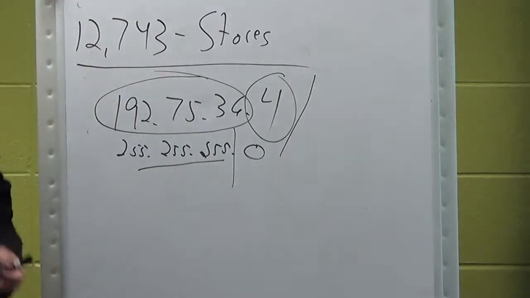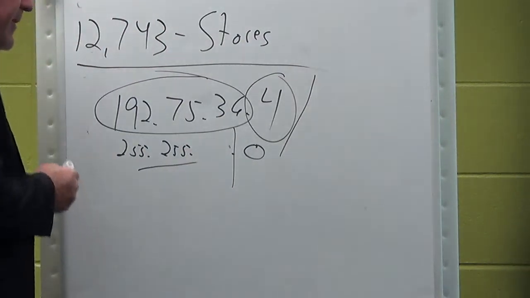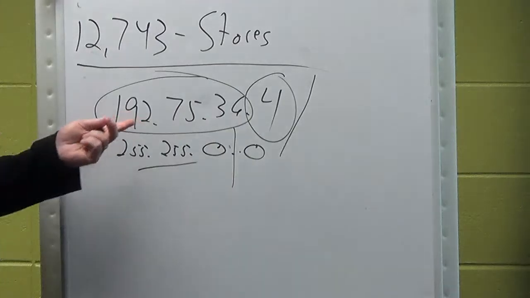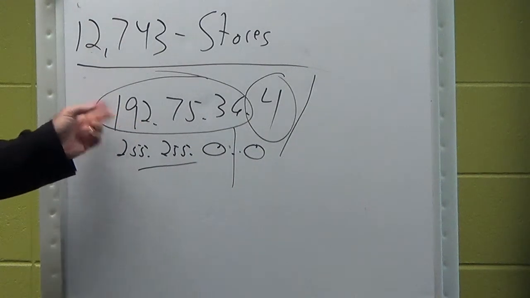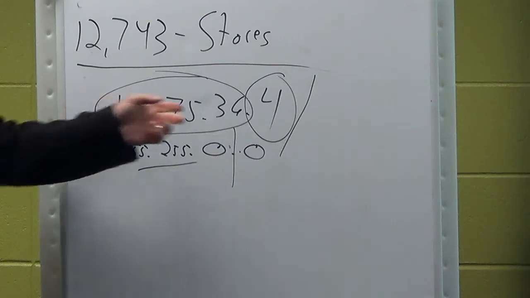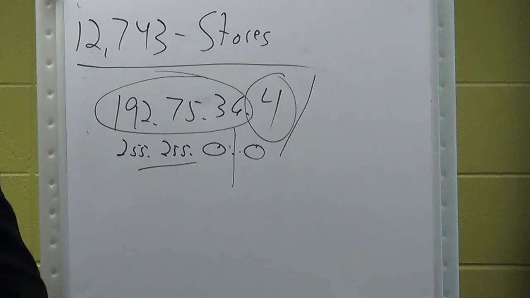Everybody understand that? Anyone not understand that? If the subnet mask is 255.255.0.0, and it can be, given the same IP address, what is the network address of this? In other words, this host is sitting on a network. What's the network address?